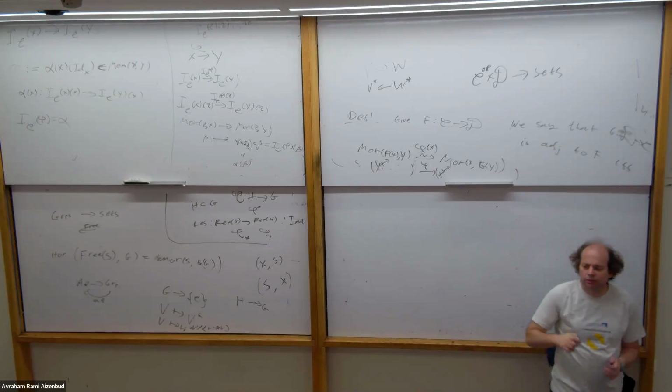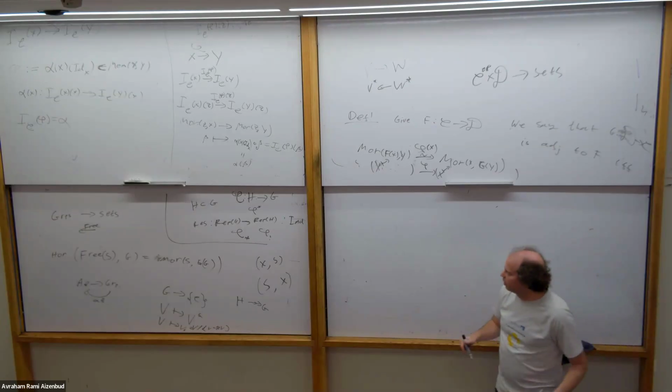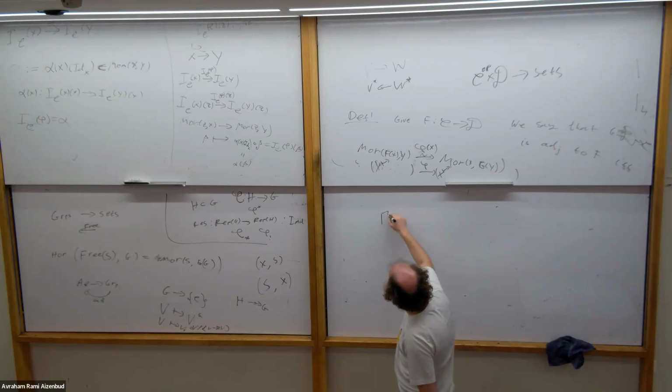So you have a diagram gamma, where gamma is the shape of the diagram.